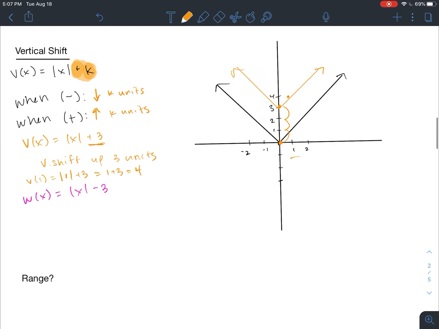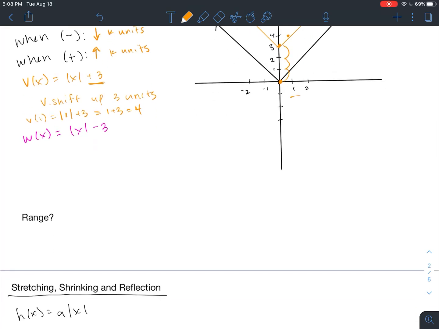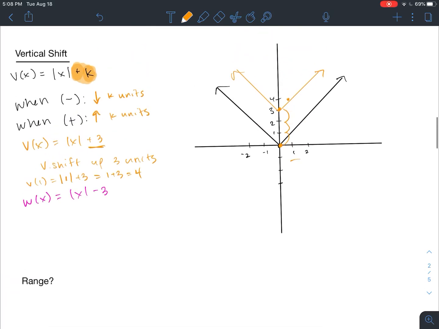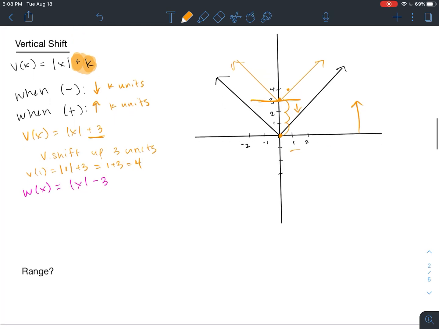Alright, let's talk about our range. So again, this function down here, absolute value of x minus 3, that's something for you to do on your own. Just remember to do the shift in the right direction and over k units. And our range right here, since we shifted up, our function no longer will hit any values less than 3.